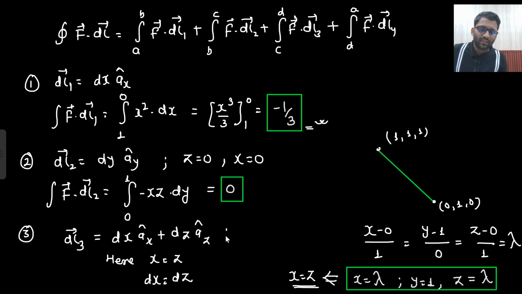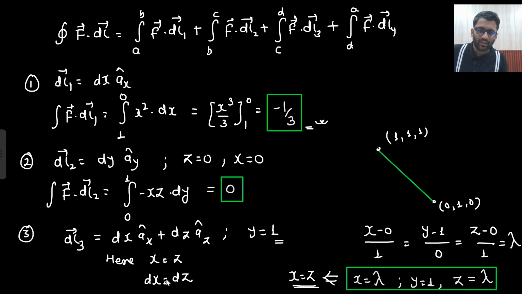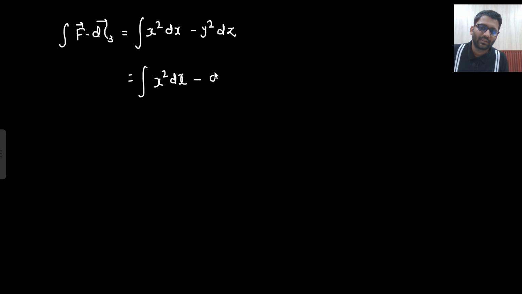Here y is fixed at 1, so the value of y I will put as 1. And I will change the dz value as well. So x square dx remains as it is. Y I am going to put as 1 and dz will be changed to dx because dz is equal to dx. And x is changing from 0 to 1, right?